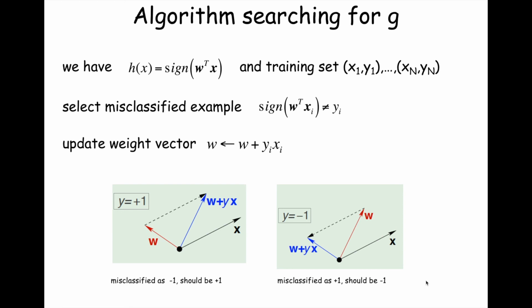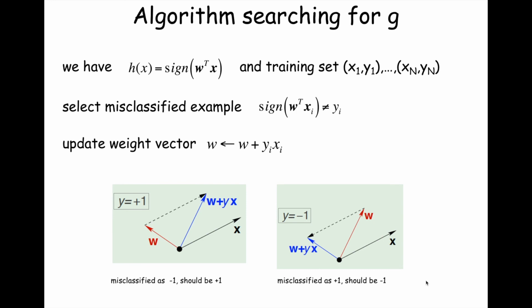And what that ends up doing is it ends up choosing a different hypothesis such that the misclassified data point is now correct from the perspective of the hypothesis. Does that make sense? All right. And so this is called the perceptron learning update. And this is demonstrated for two different cases of disagreement.